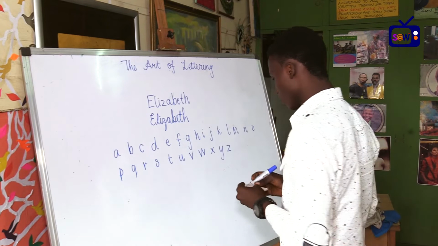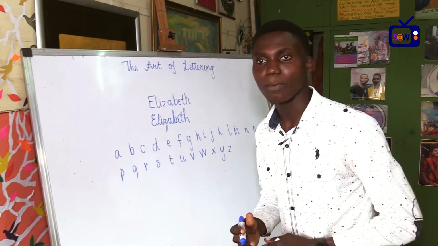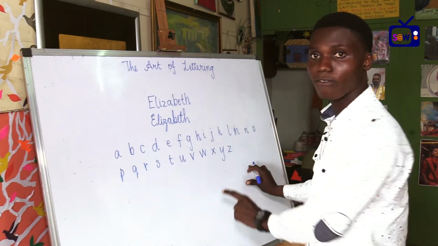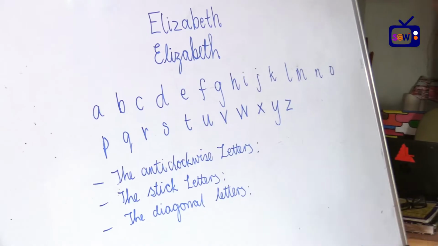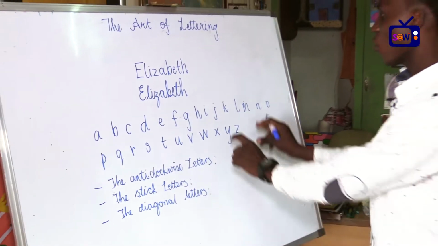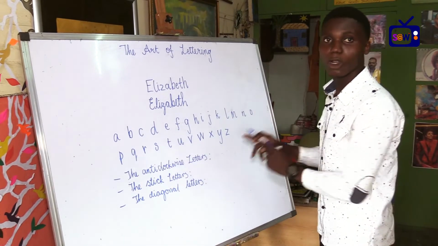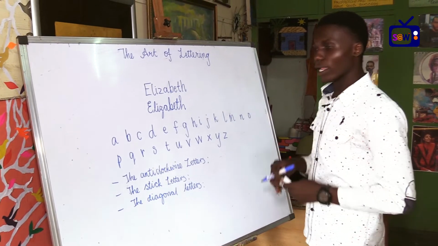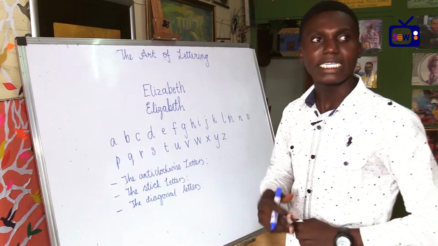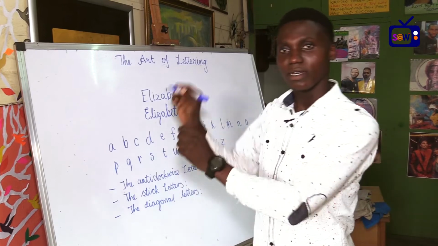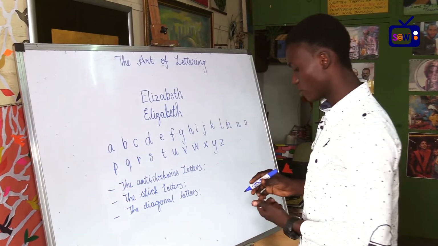For example, the graphological approach divides the 26 letters of the alphabet into three groups. Looking at these three groups, we are going to identify the anti-clockwise letters here. As the name implies, anti-clockwise means it is written against the clockwise direction.